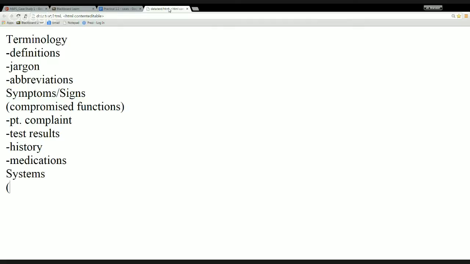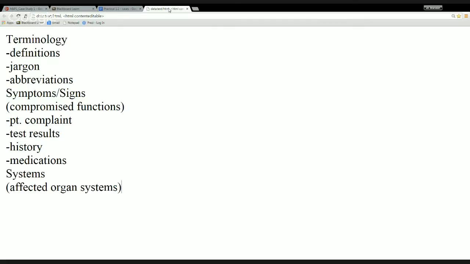And by this, I mean the affected organ systems, which is to say, for a symptom or whatever that you've found, any compromised function in the case, you want to tie that to the organ system that's responsible for that particular function. Okay. I don't have things to list under this. It's just really the list of symptoms that you have. You just tie each one to a particular system.